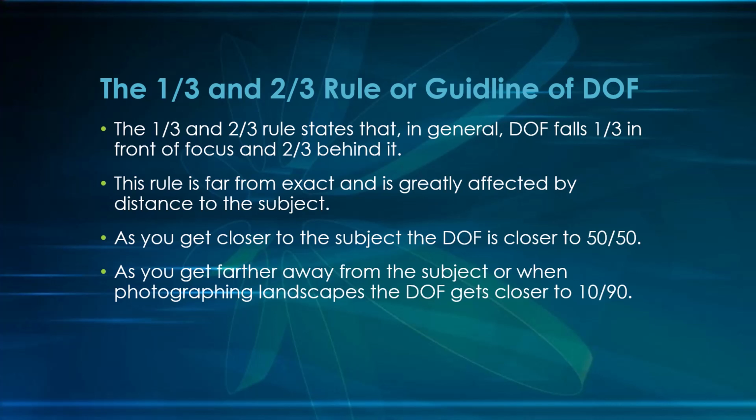The rule is far from exact and is greatly affected by distance to the subject. When your subject is in a normal standard range, maybe somewhere between 20 and 40 feet away, the third before and the 2/3 after rule actually kind of works, because that's about what the right ratio will be.